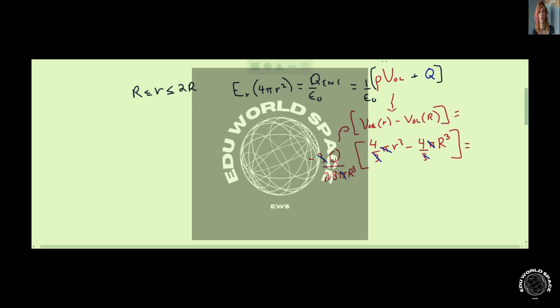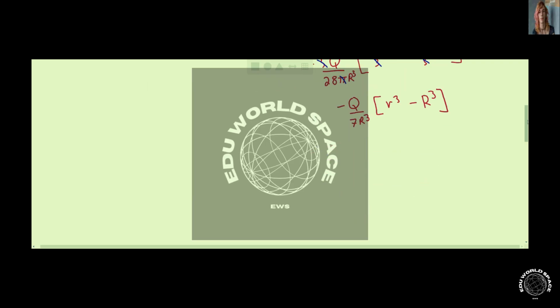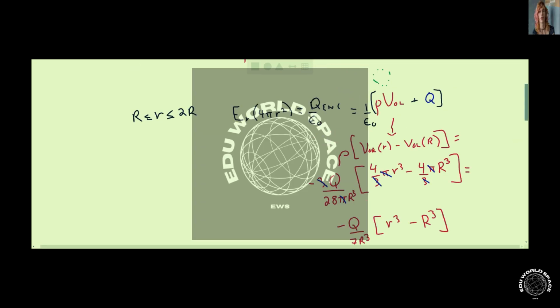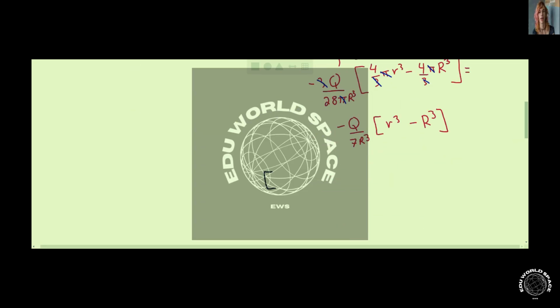And let me see, we have a 1 over 7, and the R cubed, minus Q over 7 big R cubed, times r cubed minus big R cubed. Now that might not help us too much. We've got to put that back in with a lot of other constants and solve for the E of r.